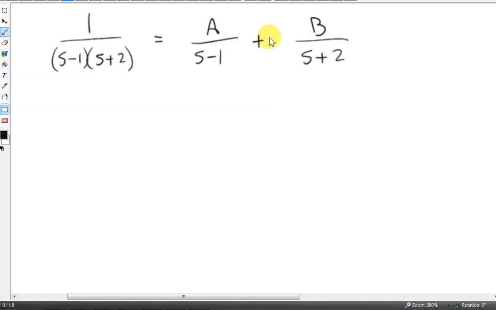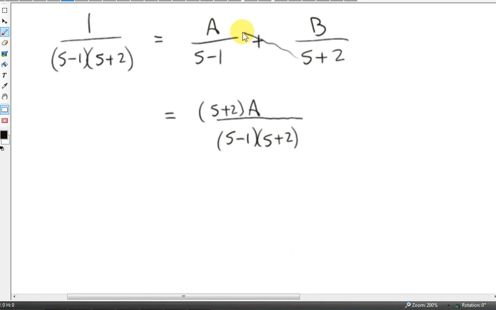So let's just recap on partial fractions. There are actually 2 numbers which we can call a and b that make this work. So a and b are just constants. What we do is we add these 2 partial fractions together by getting a common denominator. We multiply the 2 denominators together. We divide this denominator into the common denominator. We get the other denominator, s plus 2, which we multiply by the numerator a.